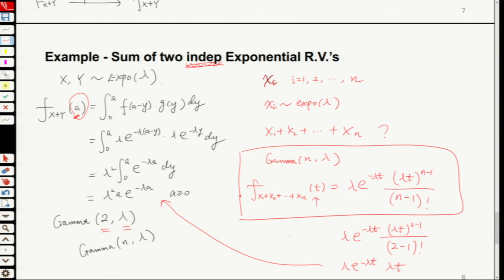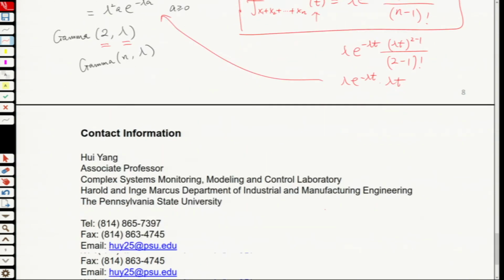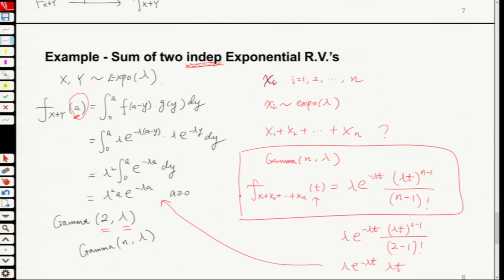So this is gamma 2 lambda, and in general gamma n lambda. This gives the sum of two independent exponential random variables. This is the end of the transformation of distributions.